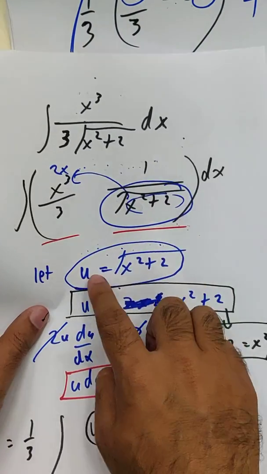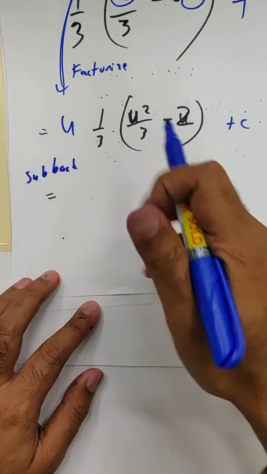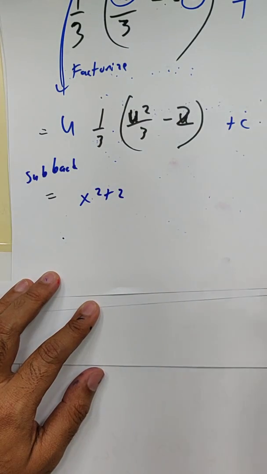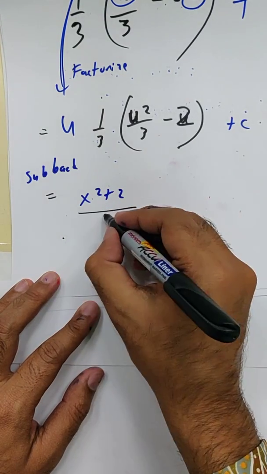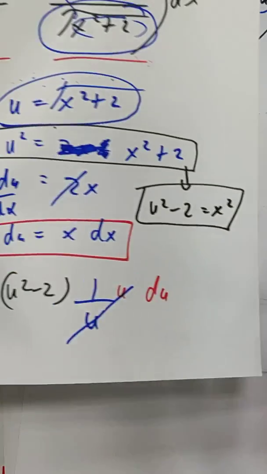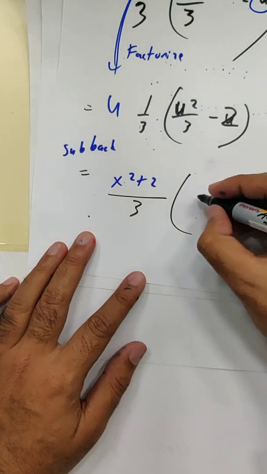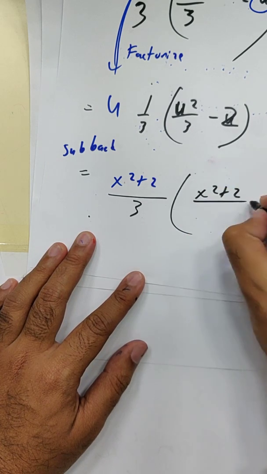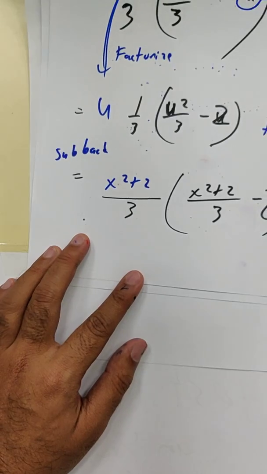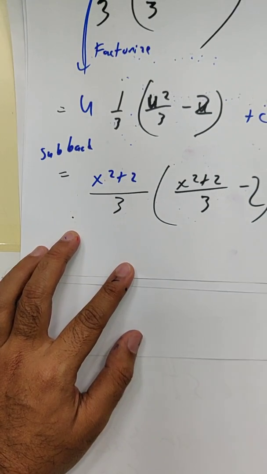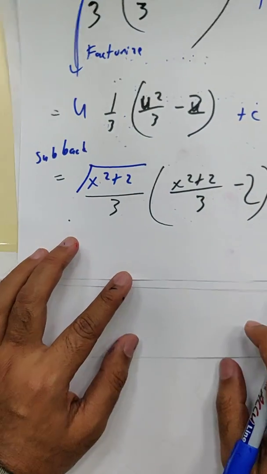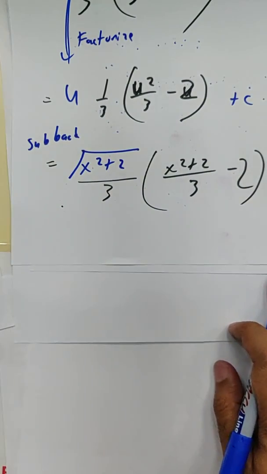So u is with square root, x squared plus 2, over 3 times u squared, without the square root, x squared plus 2, over 3 minus 2, plus c. Yeah, I missed my square root. These answers are fine.